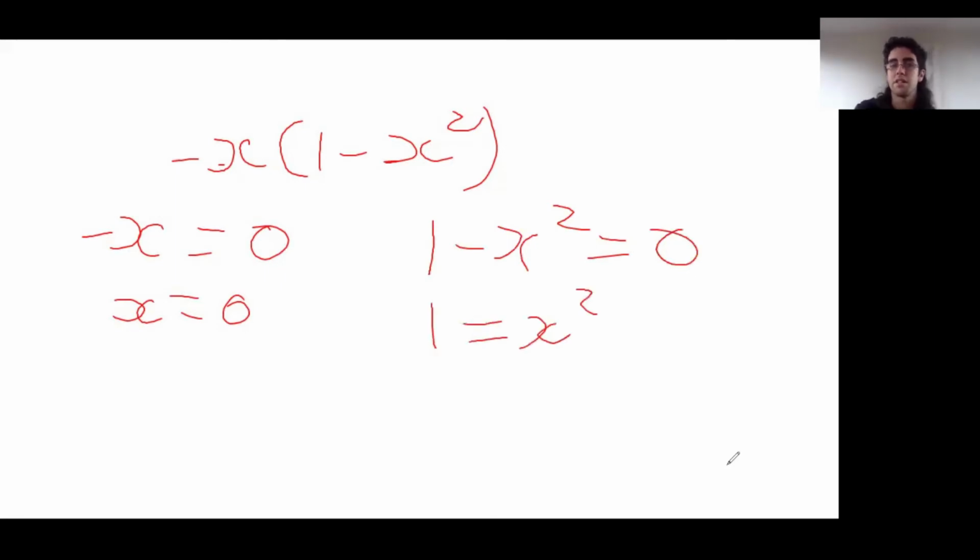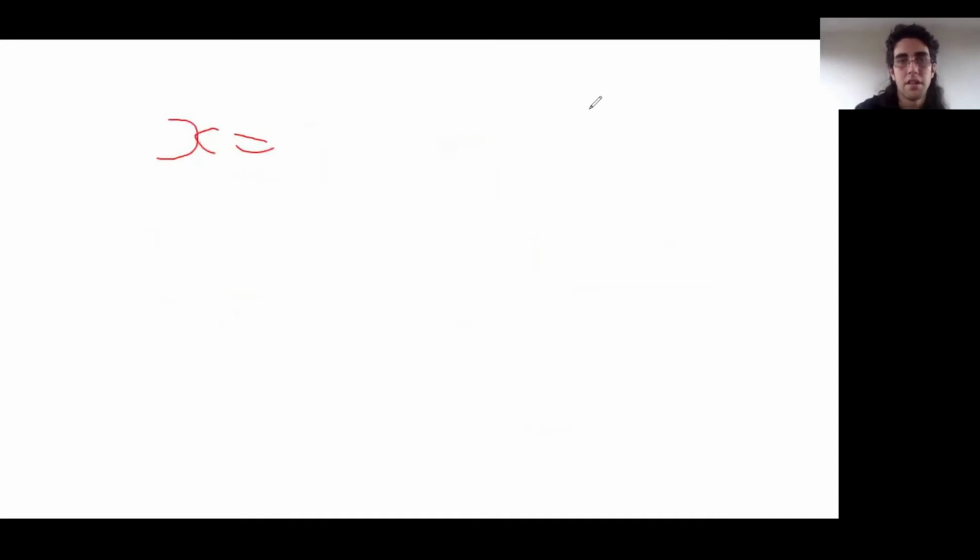So we need to find the solutions when x squared equals 1. In this case, x squared equals 1 if x is plus or minus 1, because negative 1 squared is 1 and 1 squared is also 1. So we're left with x-intercepts at 0, negative 1, and 1.